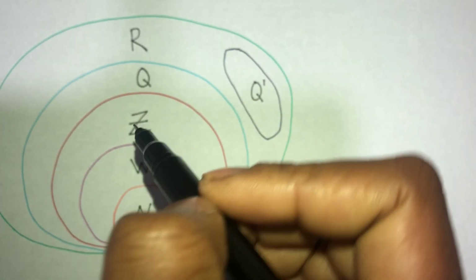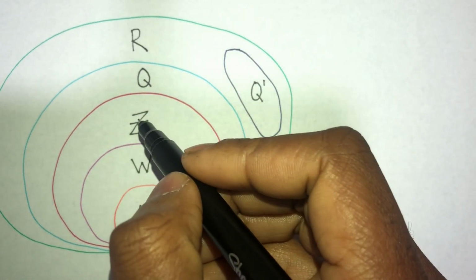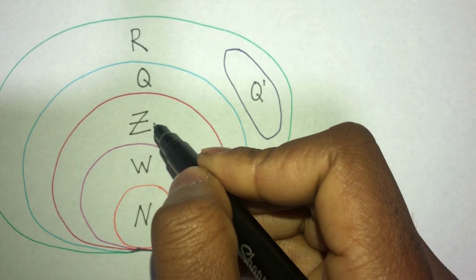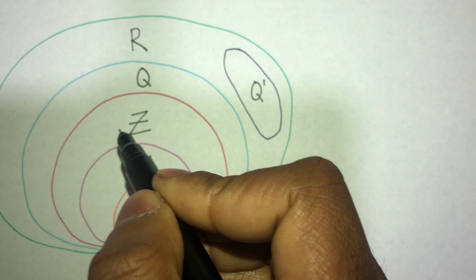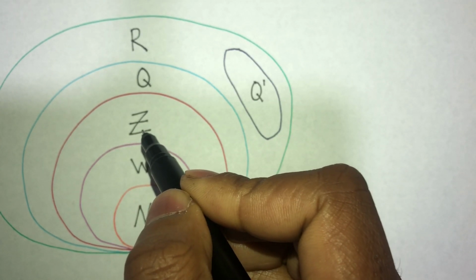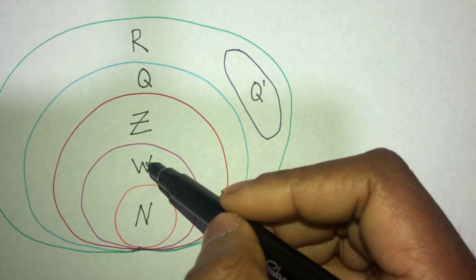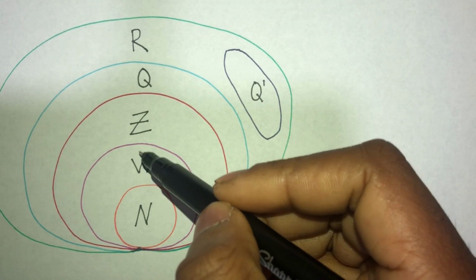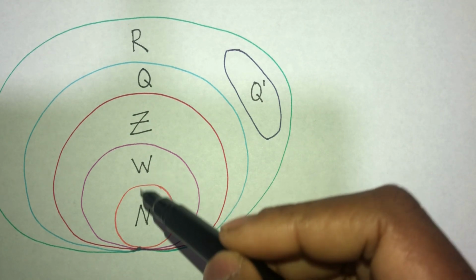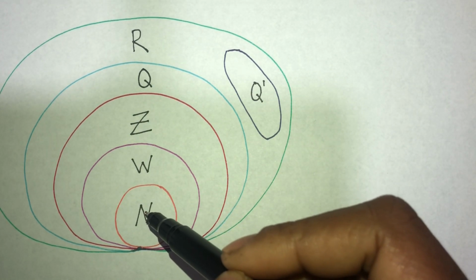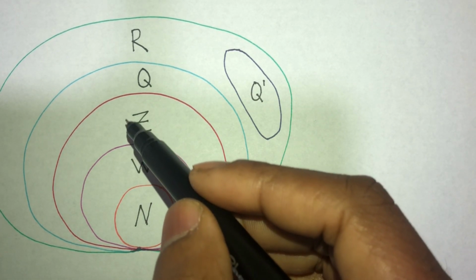Let me give you another example. For the set of integers, let's use negative 3. Negative 3 is not a whole number, and negative 3 is also not a natural number. Negative 3 is an integer.